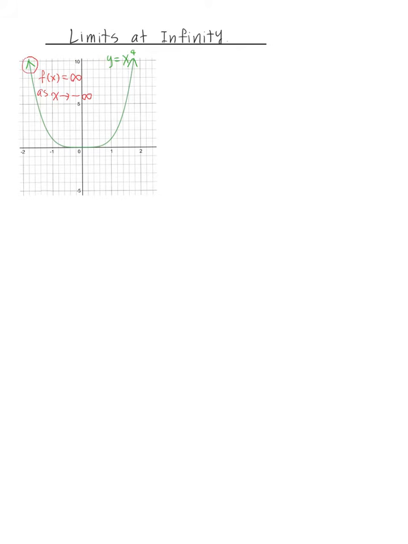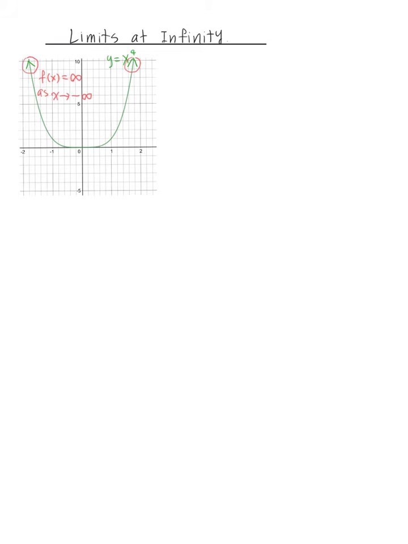Let's take a look at the other tail end. That means our x is going to be traveling towards positive infinity. As x goes to positive infinity, where's my corresponding y value going? Well, it's going towards positive infinity, isn't it?